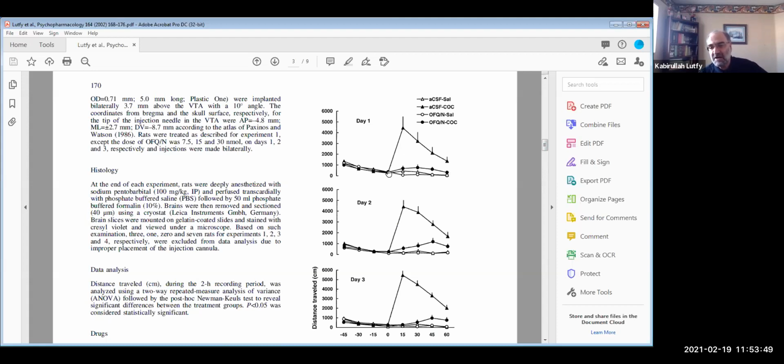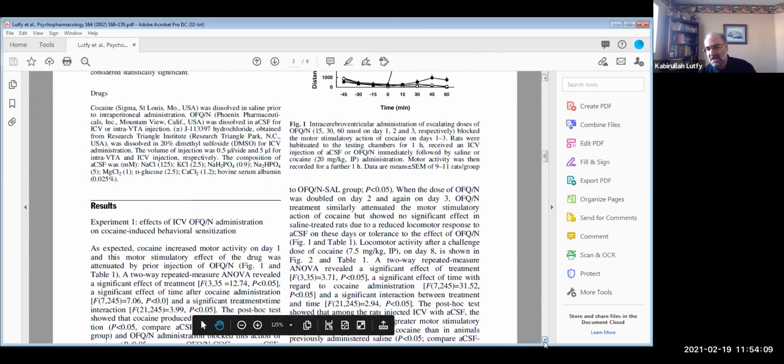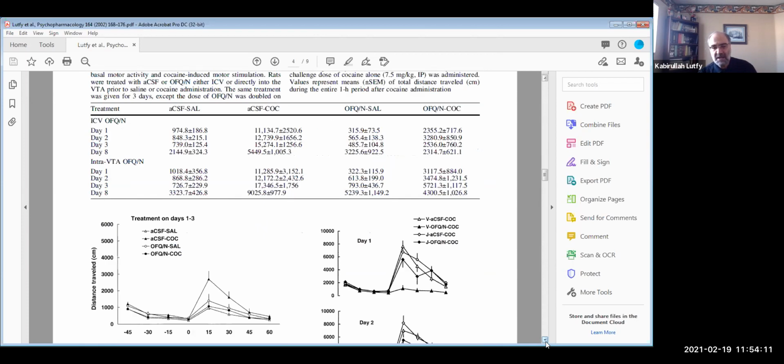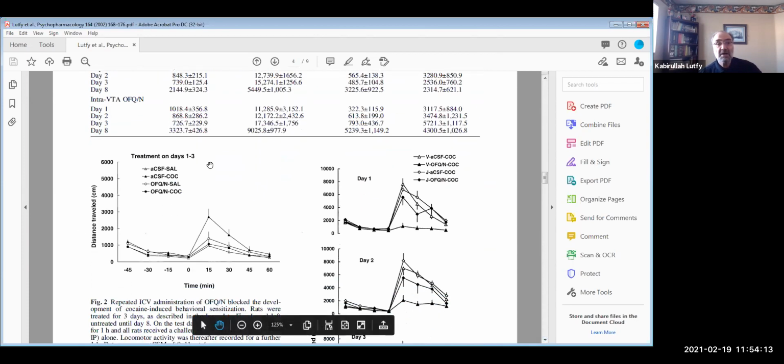And if you give a vehicle before you give cocaine, you get this response with cocaine. Cocaine increases locomotor activity. And then this peptide, orphanin FQ, reduces the action of cocaine significantly on day one, day two, and day three. And then when you give them some time, like a week off, you come back and you do the test.